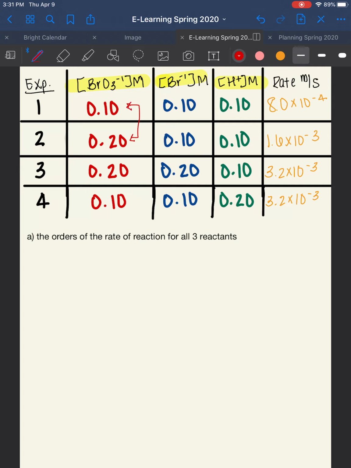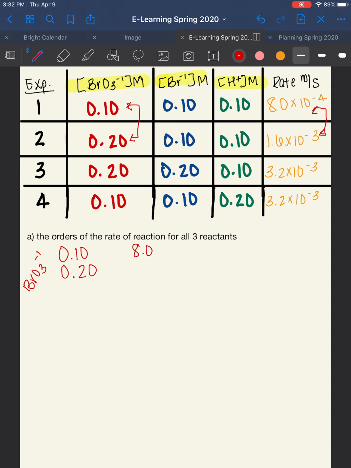From experiment 1 to experiment 2 for BrO3, we have 0.10, 0.20. This is for BrO3 negative 1, so that's the concentration. As we increase that concentration, let's see what happens to the rate. Again, I'm looking at experiment 1 to experiment 2.